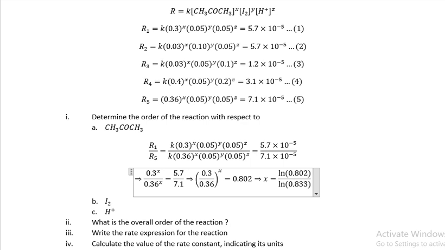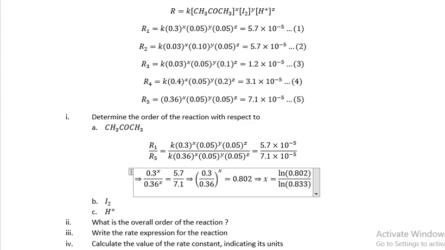So if you punch that, let me see what I'm going to have. The logarithm of 0.802 divided by the logarithm of 0.833, approximately I have 1.2.